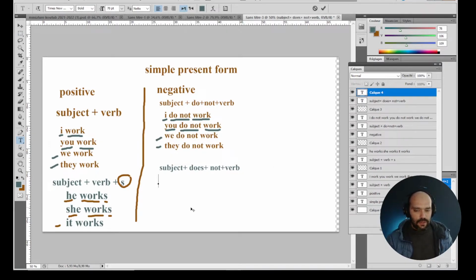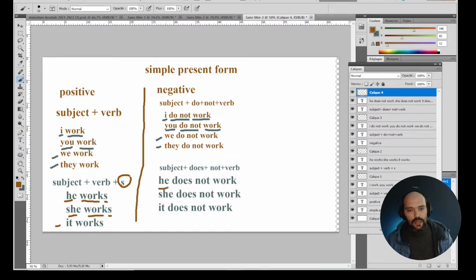Some examples: he does not work. She does not work. It does not work. He is the subject. Does not is the form of negative. Work is the verb. And the same in the next sentences.